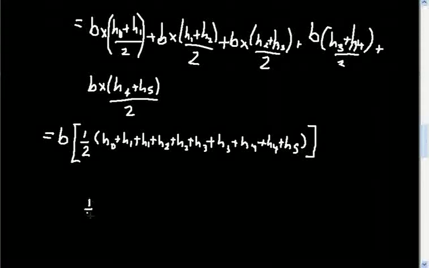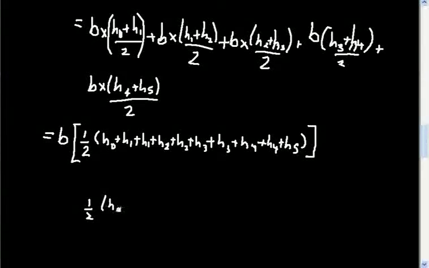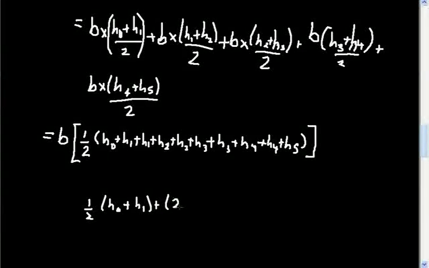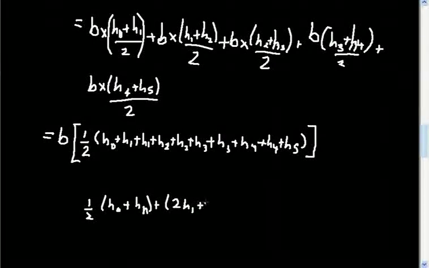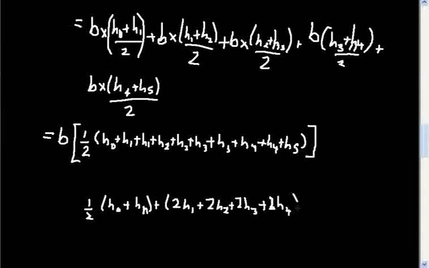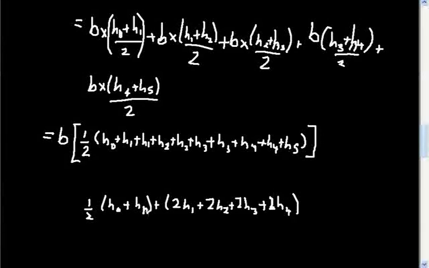So I'm going to take h0 and hn, the last one, separate, and then I'm going to have 2h1, 2h2, 2h3, 2h4. hn is basically the 5th, the last strip height, and h0 is the first strip height.